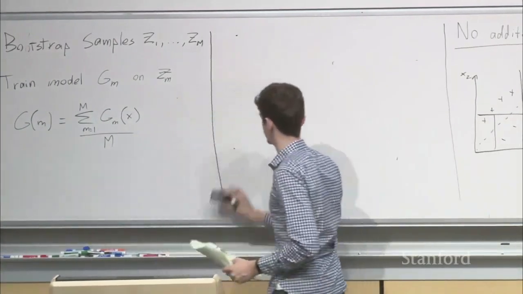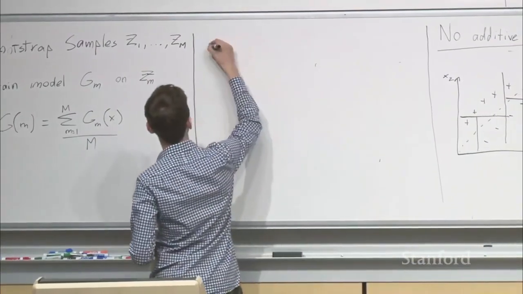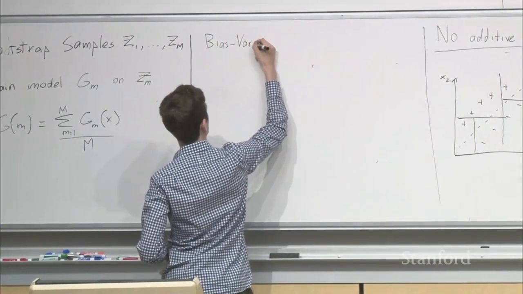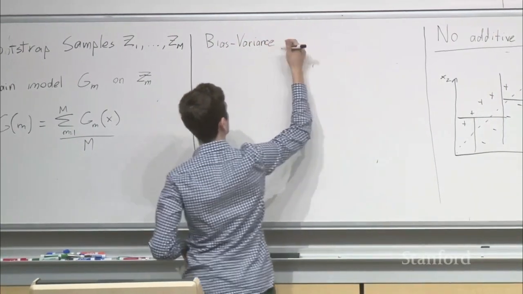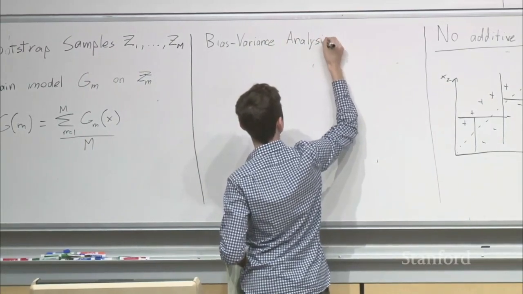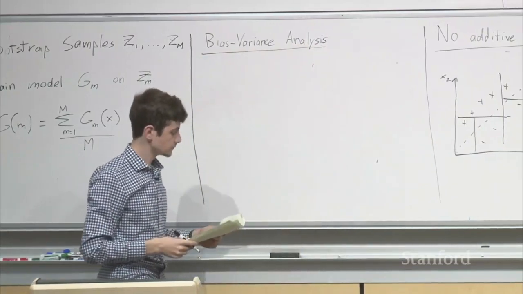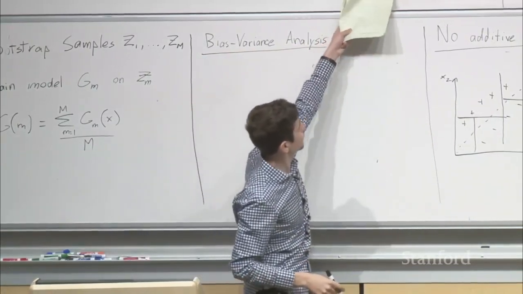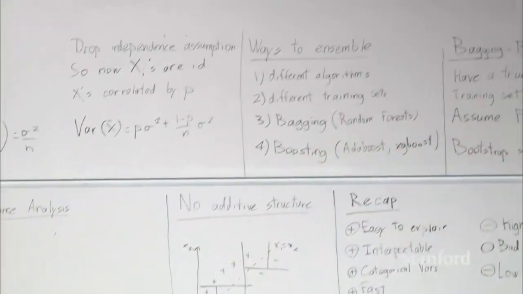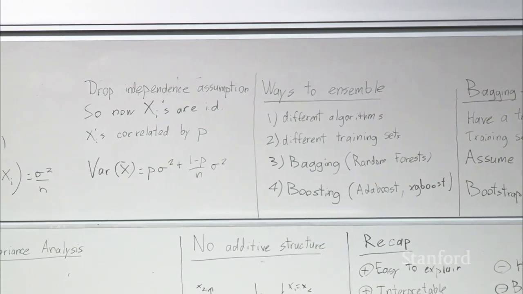If we do a little bit of analysis from the bias-variance perspective, we can see why this kind of thing might work. Recall we have this equation up here: the variance of the mean is rho sigma squared plus (1 minus rho) over n of sigma squared. Let me write that out here to be clear.